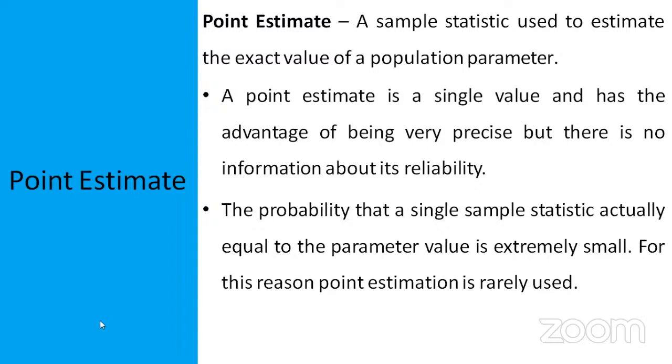So for this reason, point estimation is rarely used, because taking only one sample does not give the exact result. With an interval estimate, we can at least give an estimated probability result. With point estimation, we can't exactly predict whether the problem gives this result or not. So we rarely use point estimation.